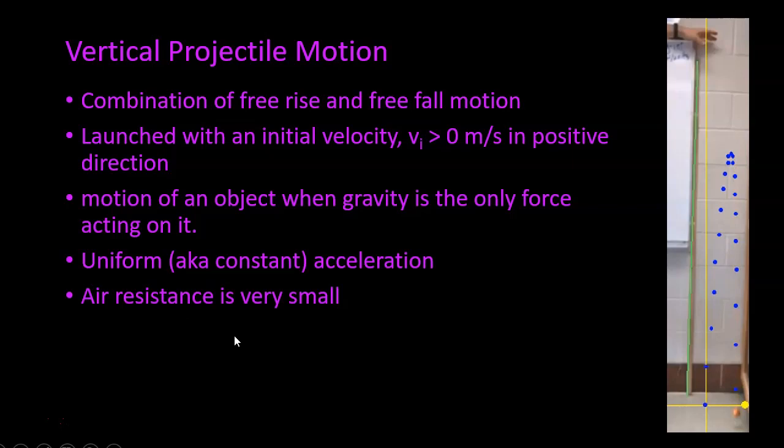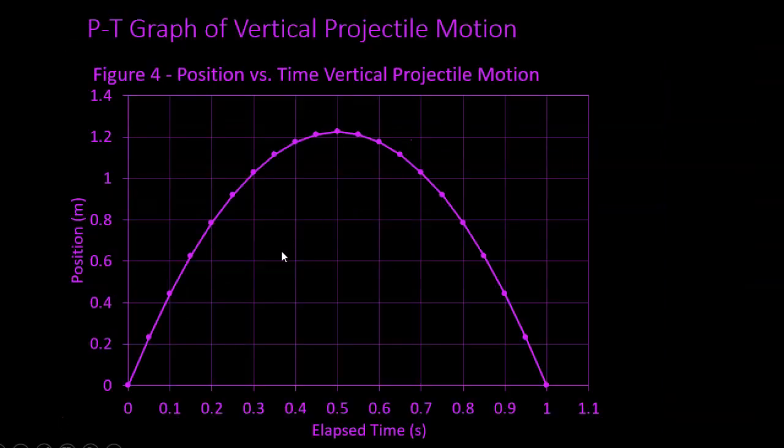Well, let's take a look at the position time graph. Not surprisingly, it is this arch shape that we've seen before when we've pushed something up a hill and let it roll back down. We can see a line of symmetry here at half a second. In this first part, the object is slowing down. It is in free rise.